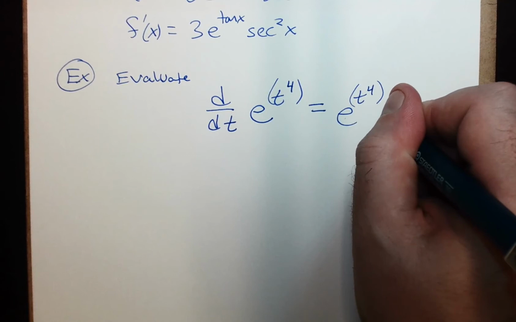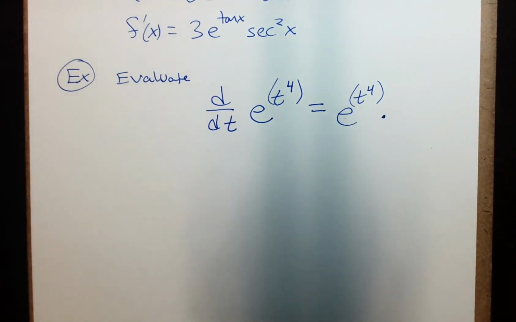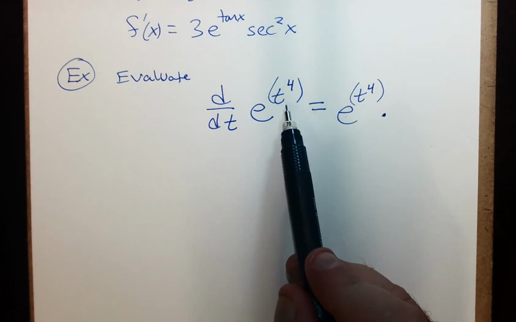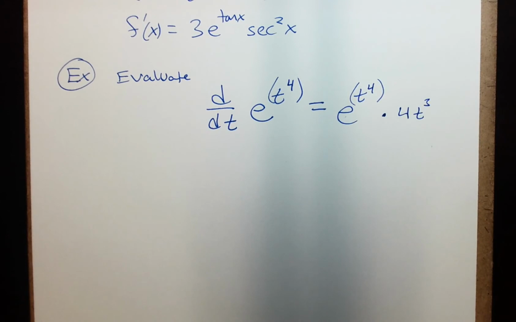All you're doing is you say, well, what's the derivative of e to the x? Derivative of e to the x is e to the x. So the derivative of e to the t to the fourth is e to the t to the fourth times, for the chain rule, the derivative of what's inside. So what is the derivative of t to the fourth? 4t cubed.